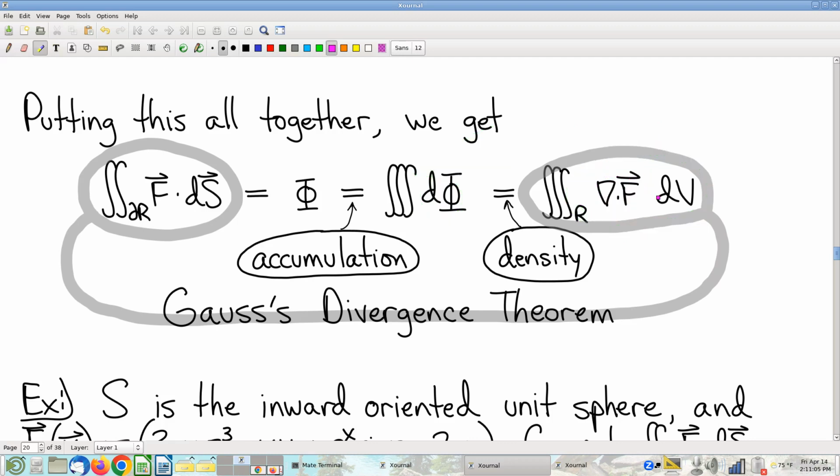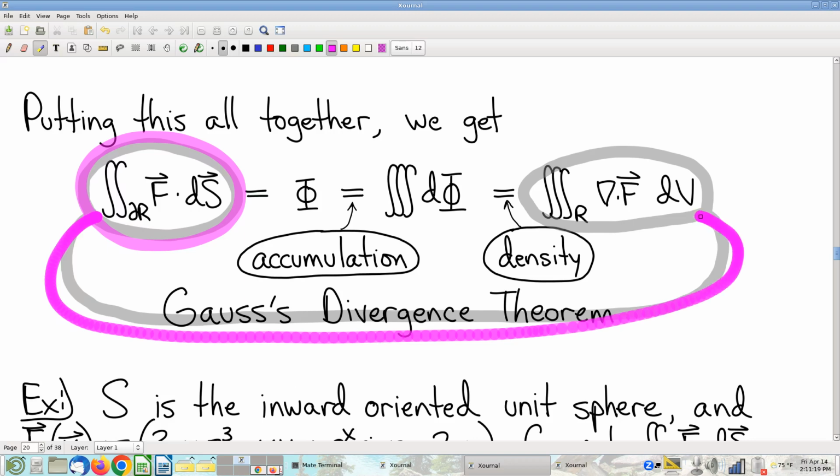So, that's the argument we made, but now look at the pretty unexpected punchline. This is a vector surface integral. And what we see here is that it can be computed with a triple integral of divergence over the corresponding interior. So, there you go. This is called Gauss's divergence theorem.